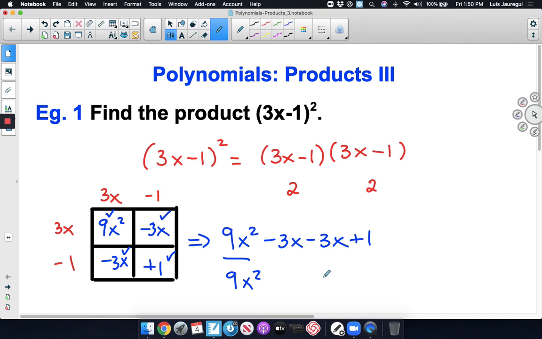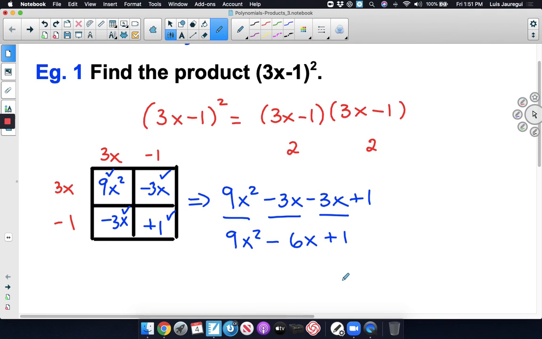Then we proceed to analyze the linear terms, which in this case are two of them, -3x and -3x. Once we combine them, they become -6x. Then we look at our constant term, which is simply 1. So we're going to add plus 1 in there. We can say the following to conclude this problem.